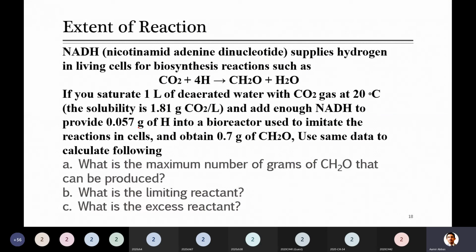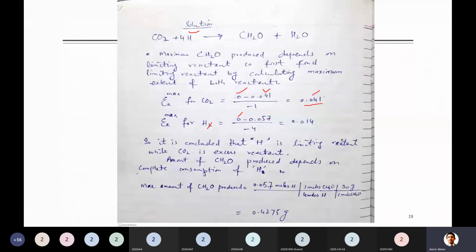You will divide it by its molecular weight, that is simply 1, so it is 0.057. Then divide by its coefficient. What is the value of its coefficient? -4, because it is a reactant, so its value is calculated here and it is 0.014.